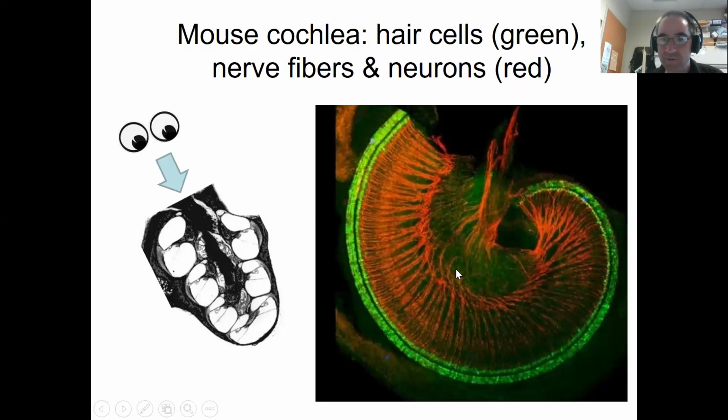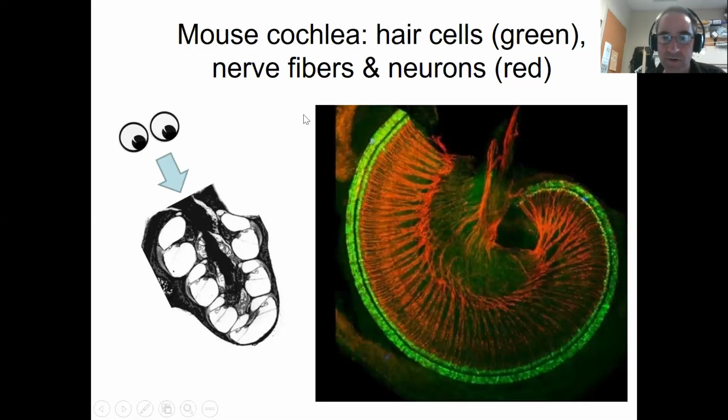But coming back towards us, coming out of the screen, are the nerve fibers that are the outputs of these neurons, forming this bundle of nerve fibers together like a rope, and that's the auditory nerve that's coming out of the cochlea and going through the internal auditory meatus and on to the brainstem.